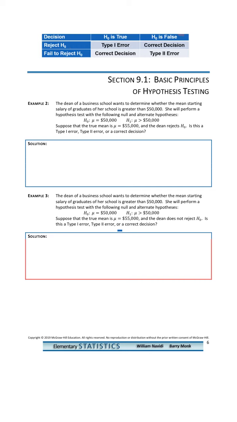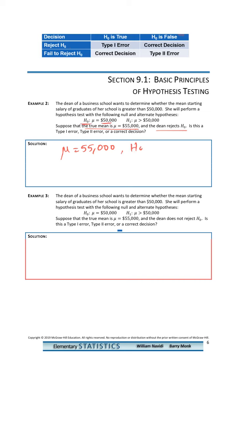In example 2, assume that the true mean is 55,000 and the dean rejects the null hypothesis. Is this a type 1 error? So mu is 55,000, which means H0 is false, right?